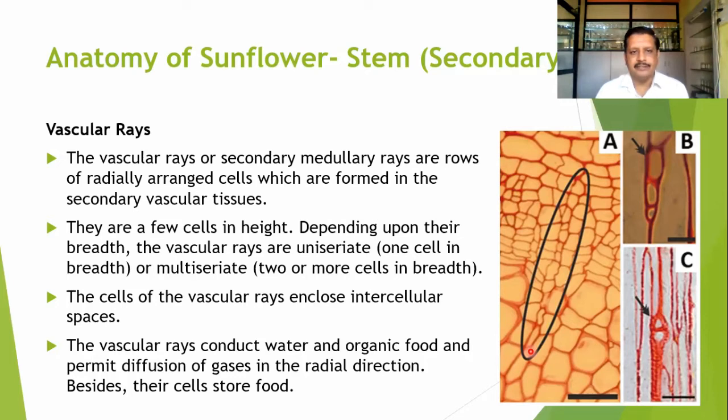These cells are nothing but the vascular rays which enclose intercellular spaces. Here you can observe that whatever little gap is there is filled by these rays, continuous from here to here. So these medullary rays are placed between the two vascular bundles along with the intercellular spaces.